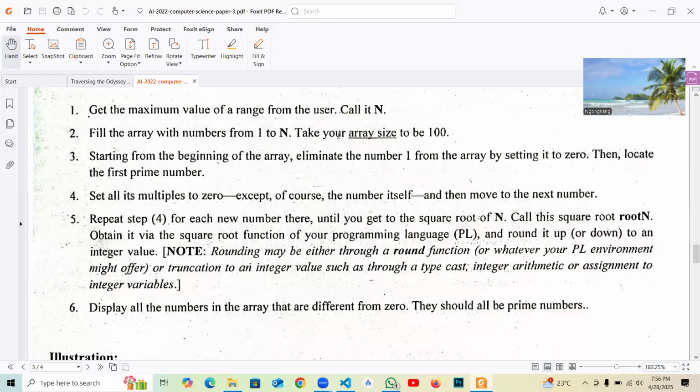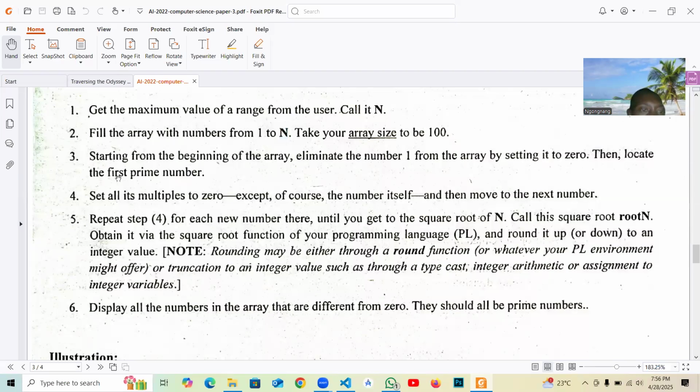And we are told here to take the array size to be 100. The size of the array is different from the value n, take note. Starting from the beginning of the array, we should eliminate 1 by setting it to 0, because 1 is not a prime number.